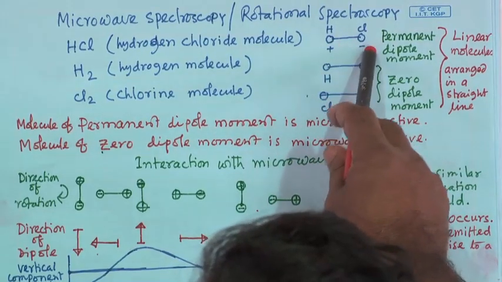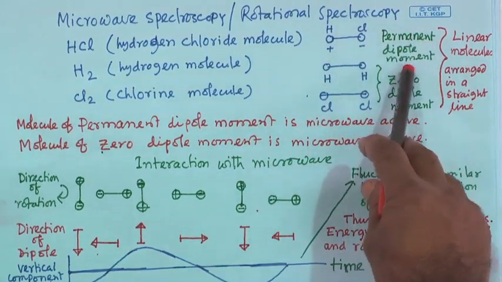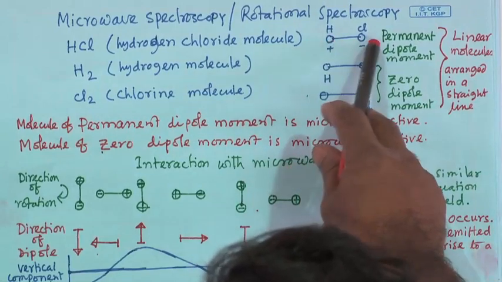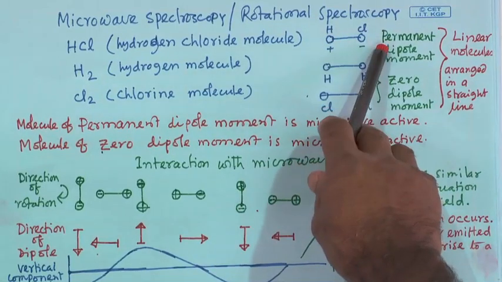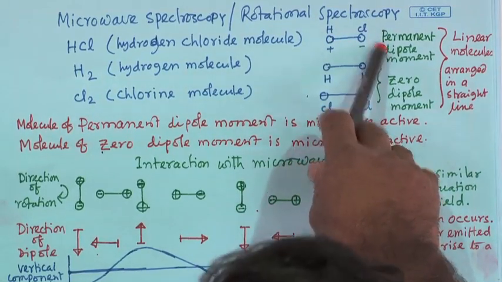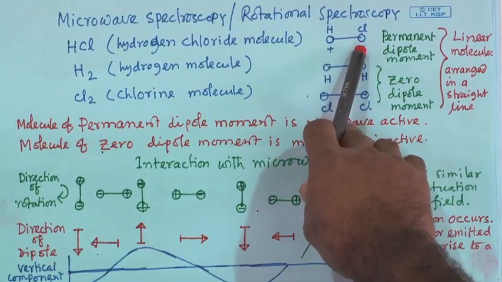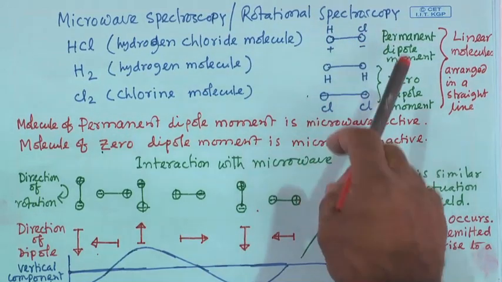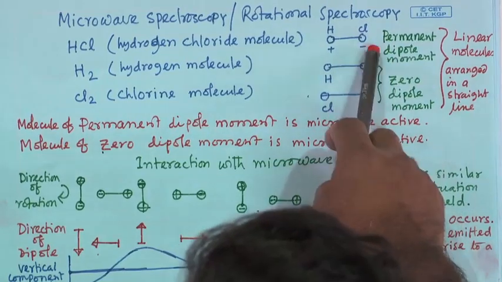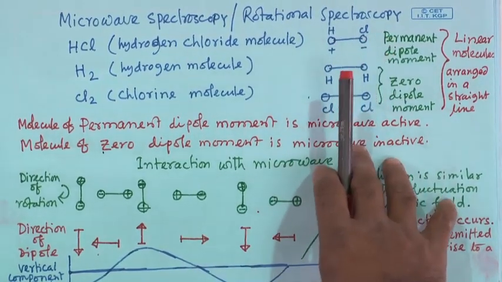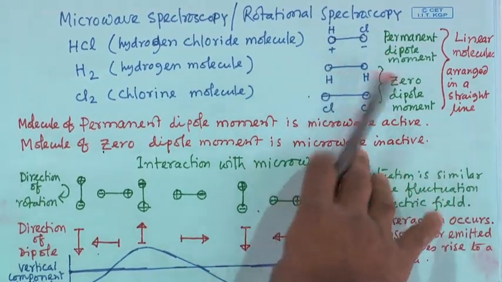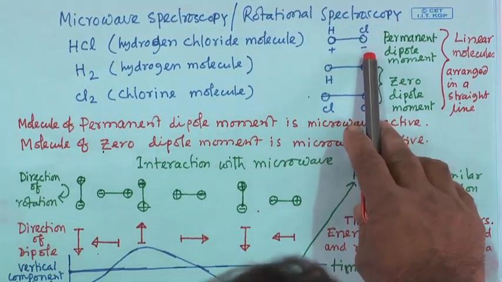HCl has a permanent dipole moment, because two charges, different charges, are separated by a distance, so it forms a dipole moment. So it has a permanent dipole moment, okay.